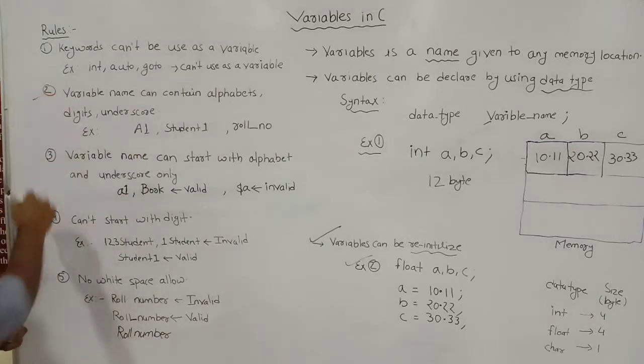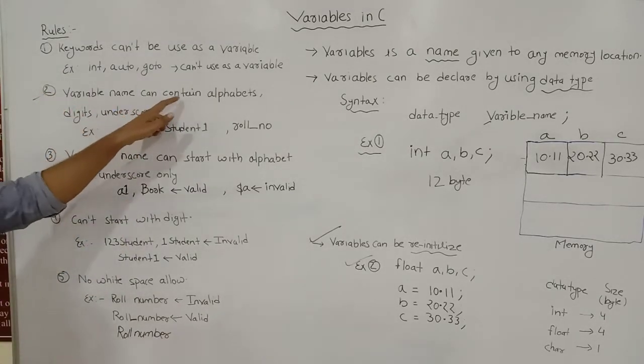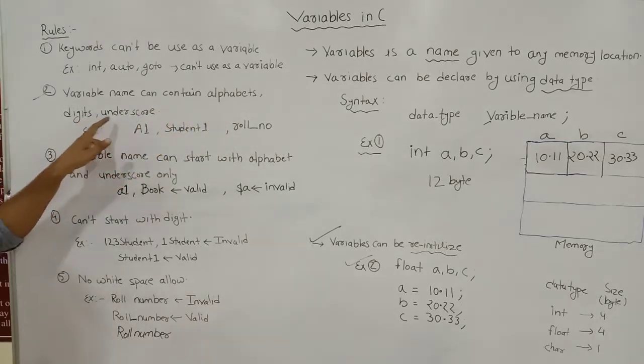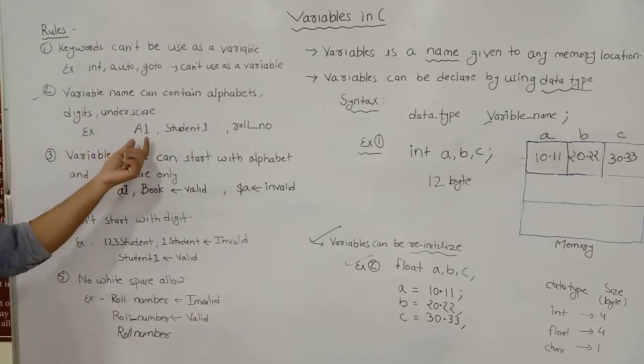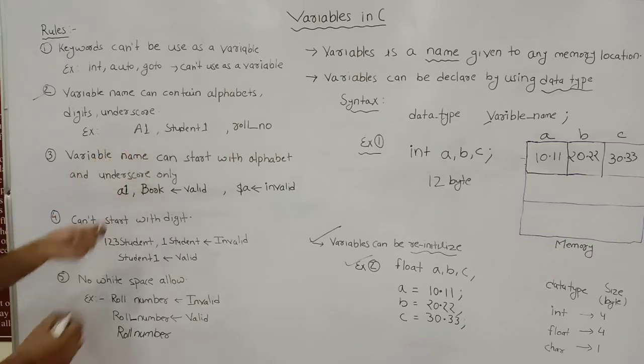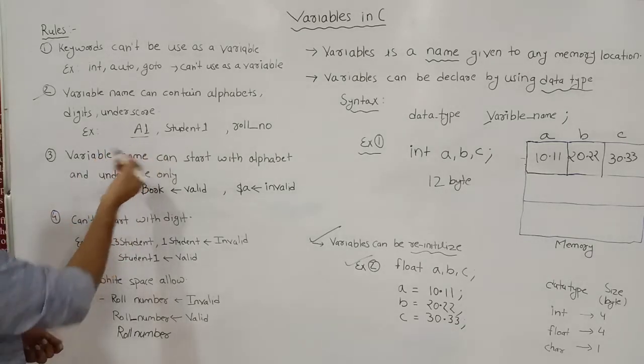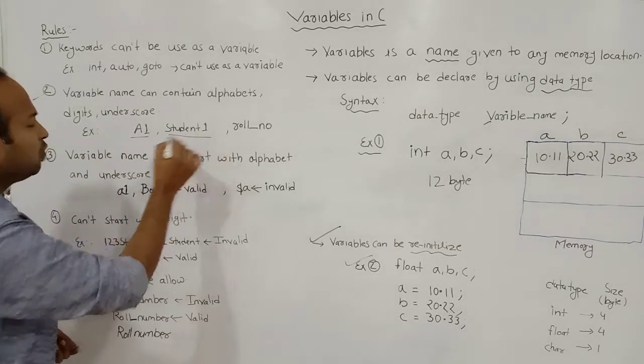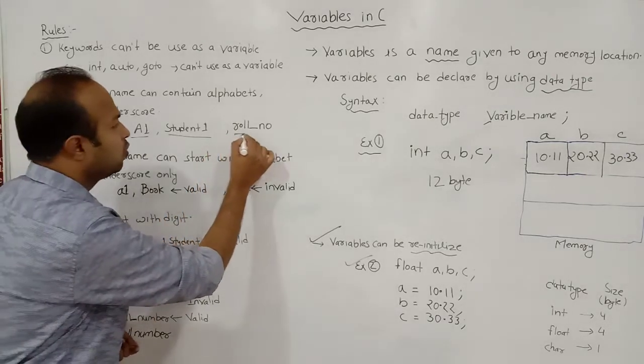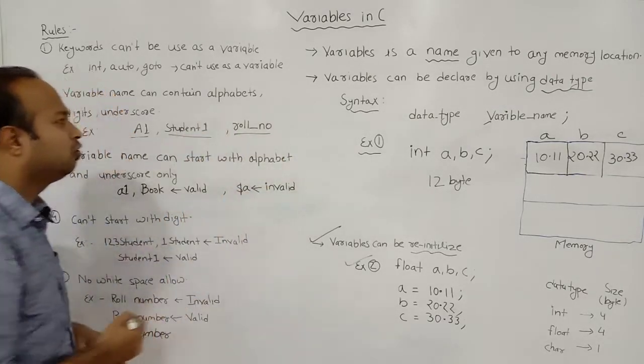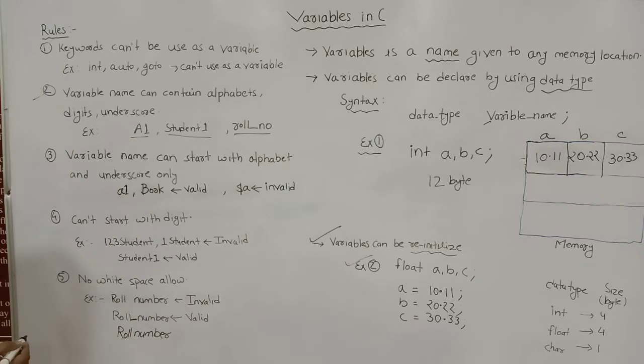Then next, the second point: a variable name can contain alphabets, digits and underscore. So here we have declared a variable name a1, which is valid. student1 is also a valid variable name, and roll underscore number is also a valid variable name.